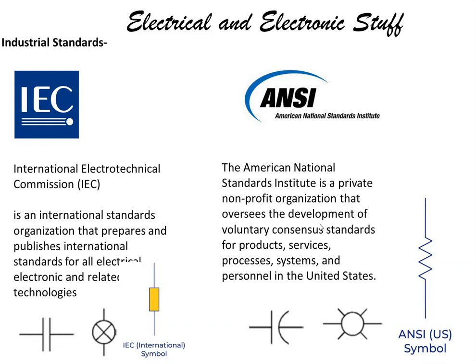It will look like this, but in the ANSI standard the capacitor symbol looks like this. Even the drawing flow: in the IEC standard you will have the drawing flow from the top to the bottom, but in the ANSI standard you will have the drawing flow from the left to the right.